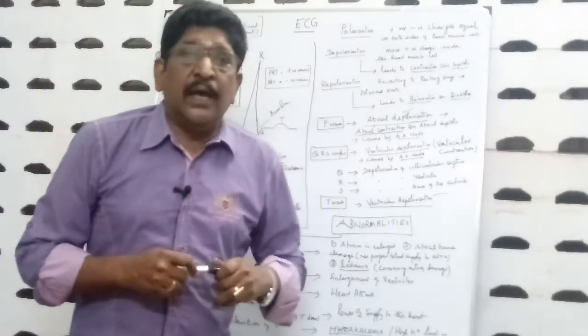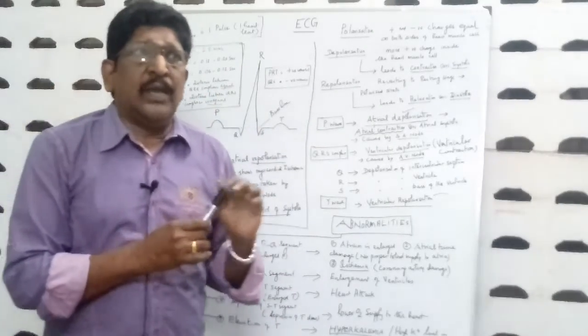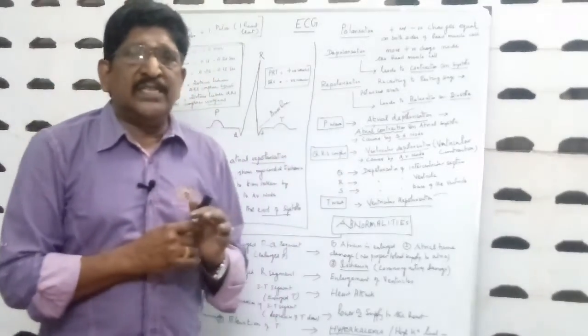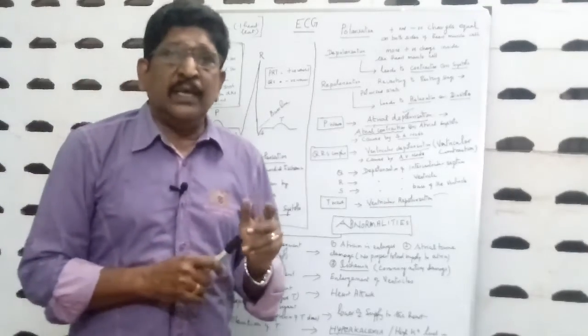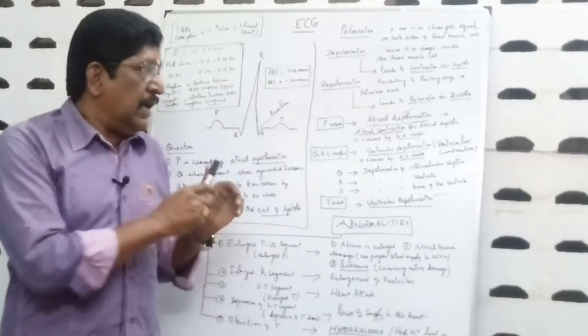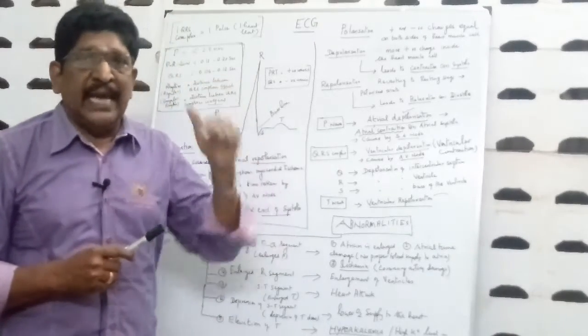I hope we have covered 2 or 3 questions each from digestive system, neural coordination, chemical coordination, and circulatory system based on the diagram.